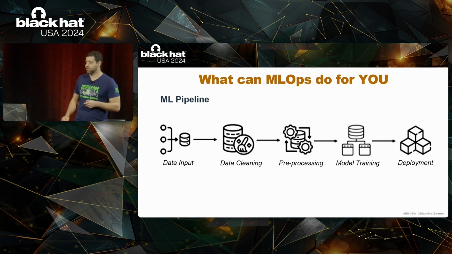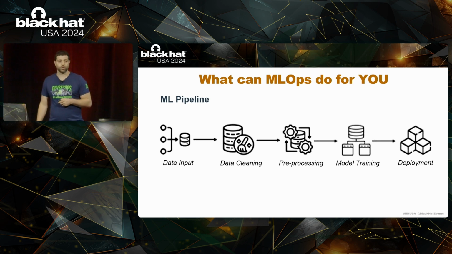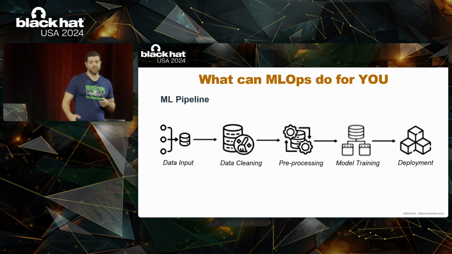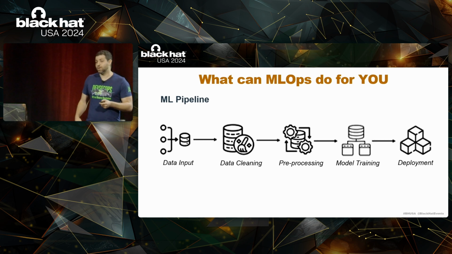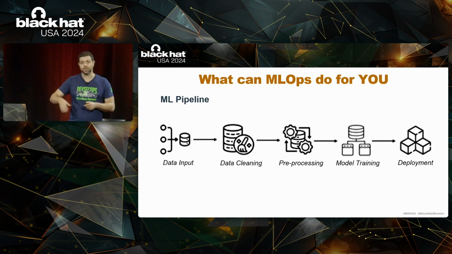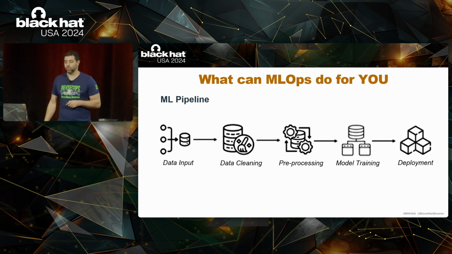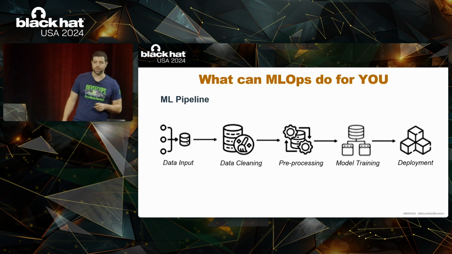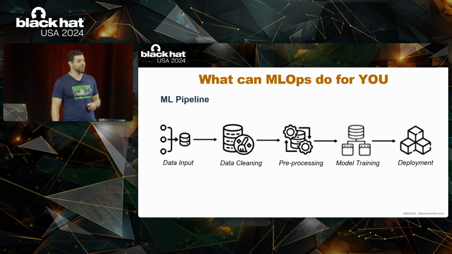So this just allows us to do this automatically. This is similar to a DevOps pipeline, where you would have a commit trigger a build of the code, and then obviously test the code and push it out. So the same thing can be said about an ML pipeline. Once the data set changes, we would train a new model from that data set and evaluate it and deploy it.